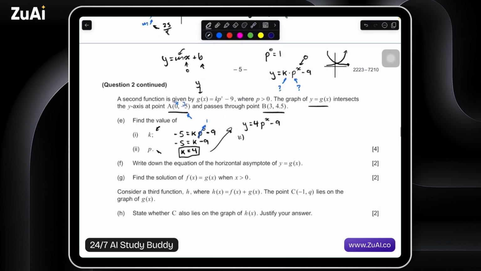Might need that space later, so let's just substitute. So here we have another xy coordinate point. Let's substitute: 4.5 equals 4 times p, which we don't know, to the power of x, which is 3, minus 9.